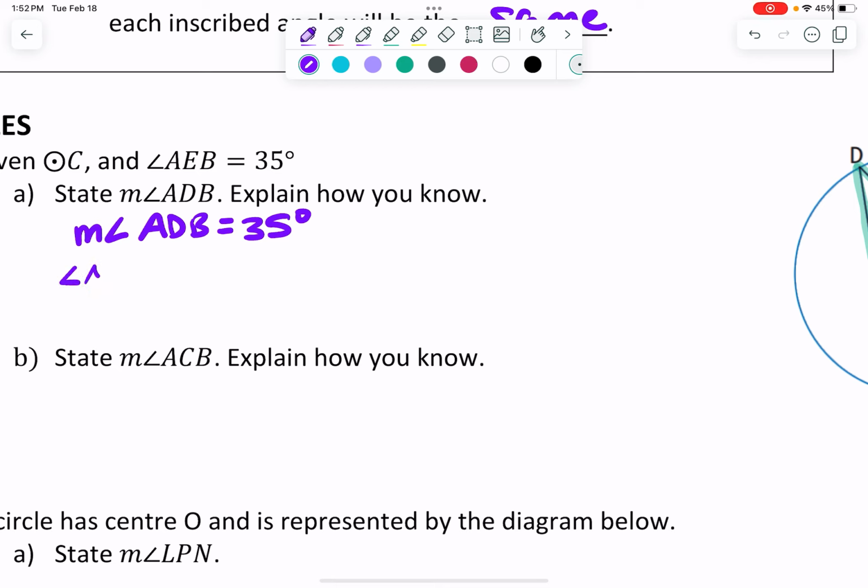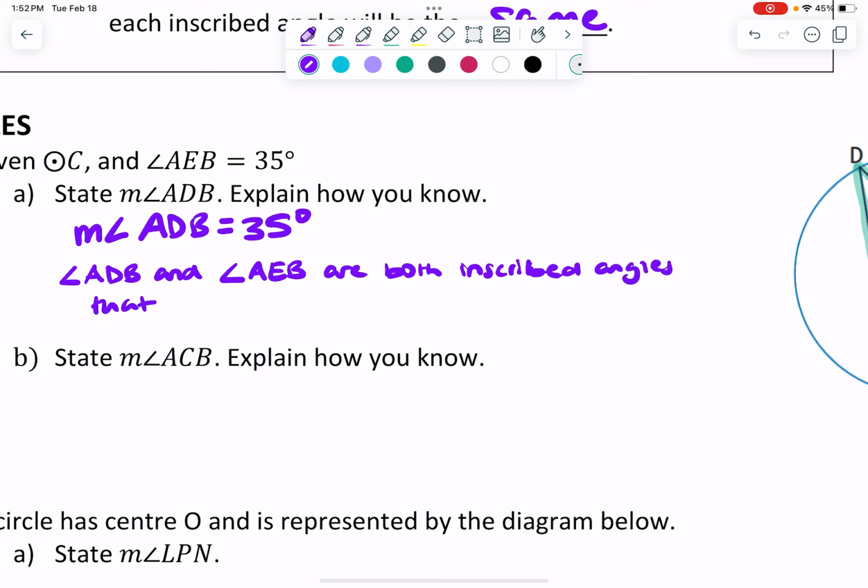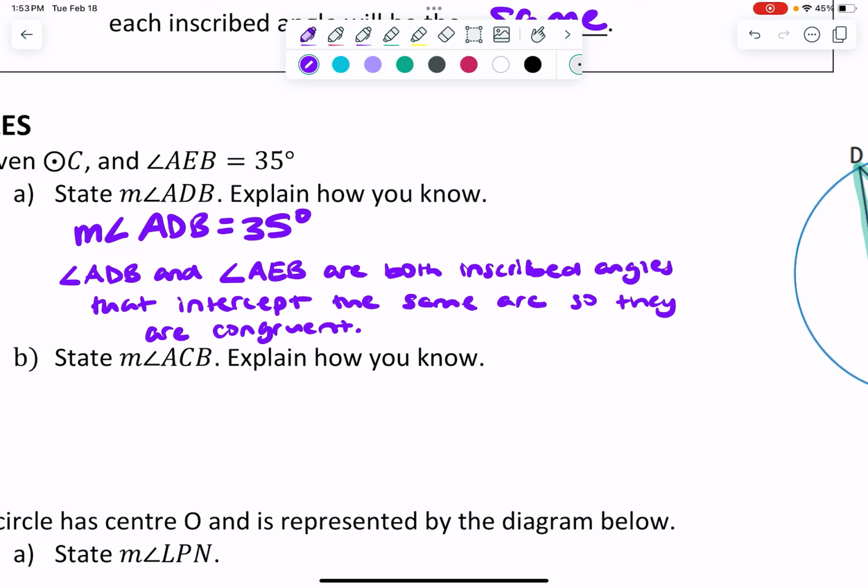I know because angle ADB and angle AEB are both inscribed angles that intercept the same arc, so they are congruent, or the measure of those angles are equal.